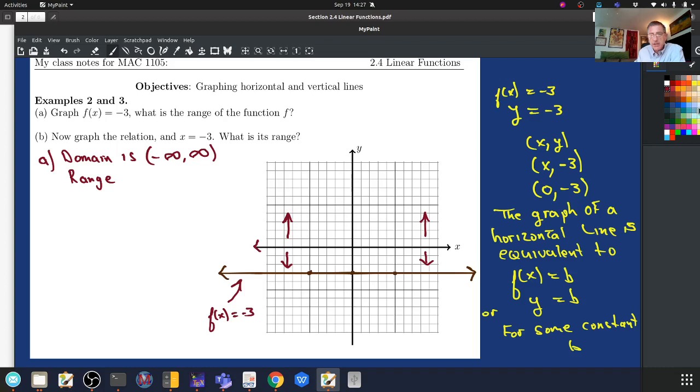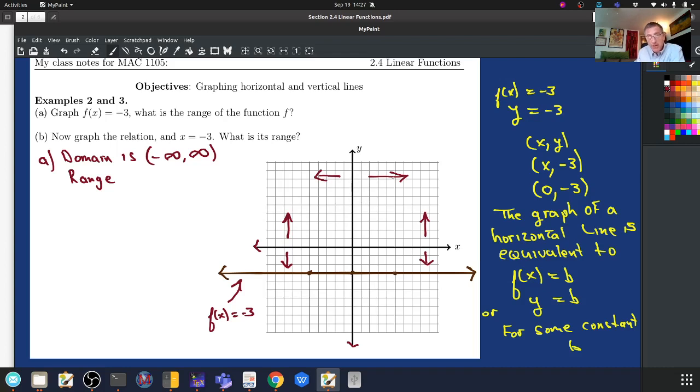So what about the range? So now consider, instead of the x-axis, that you're an ant on the y-axis. And you're walking up and down, and this time, at any point on the y-axis, if you look to the right or to the left and you see a portion of the graph, then that point is in the range of the function.